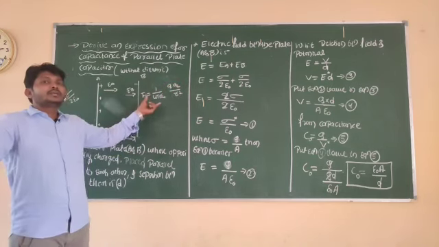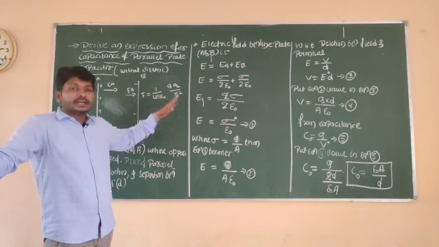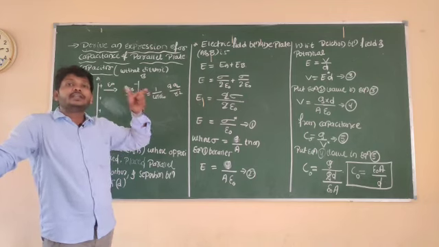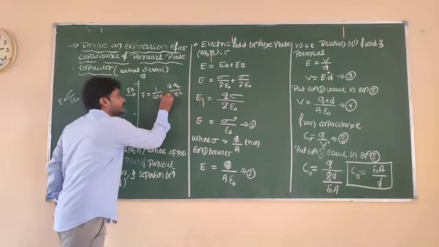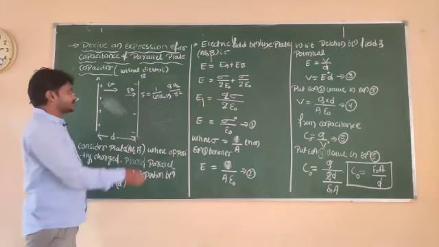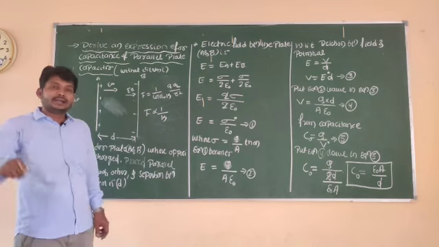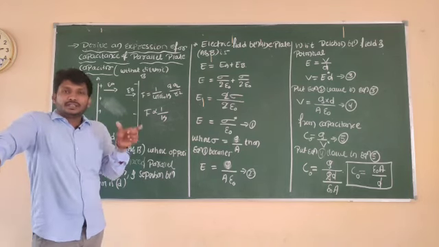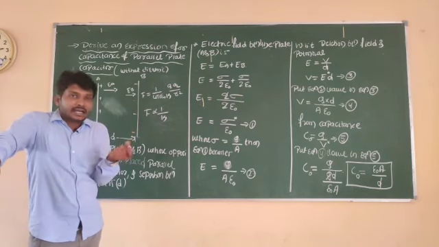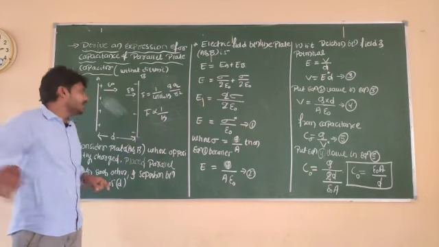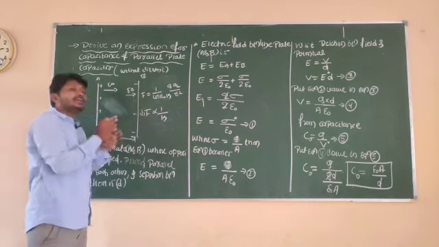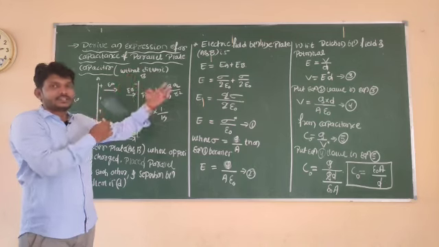That is for free space. If any dielectric medium is there between the charged particles, you consider K. So force is inversely proportional to the dielectric constant. It means that if you place any kind of dielectric medium between the charged particles, the force value will decrease. So that is in the case of charge and field.